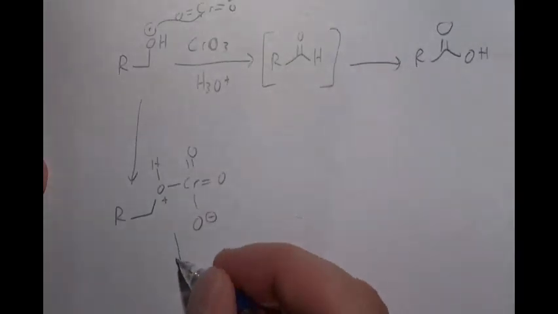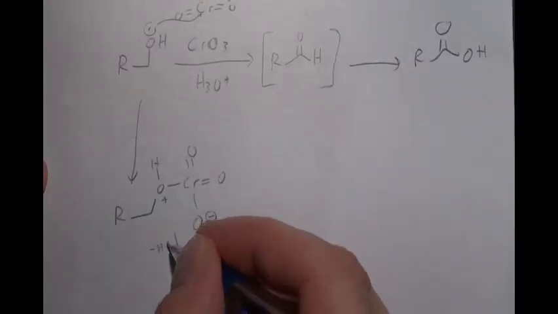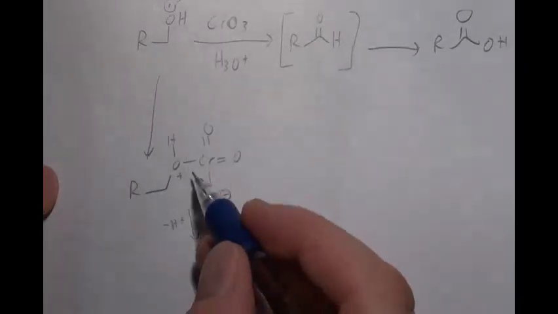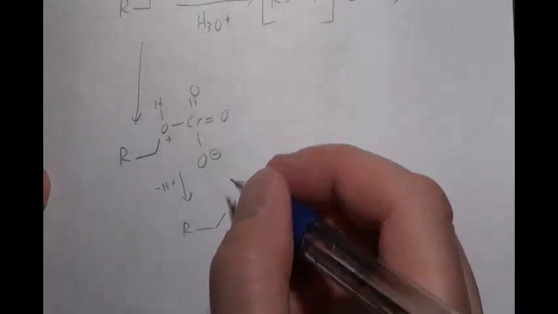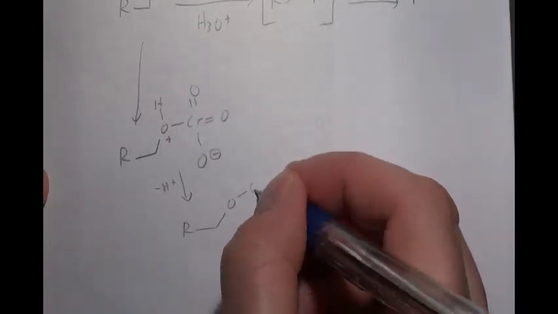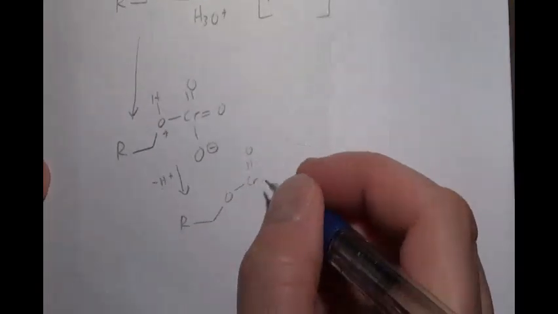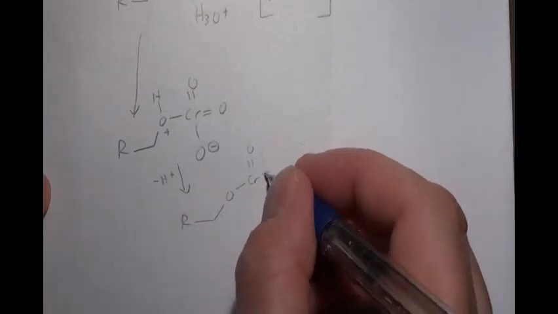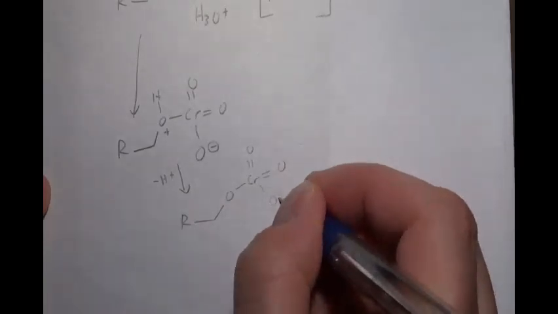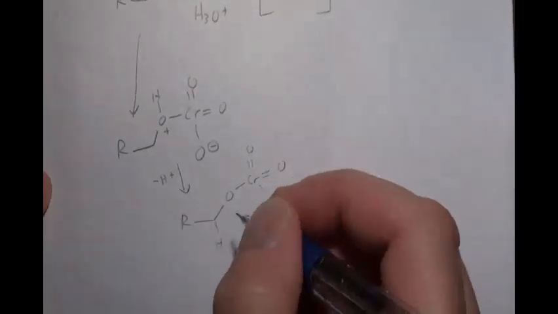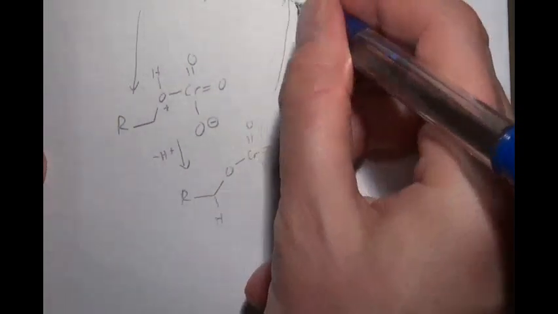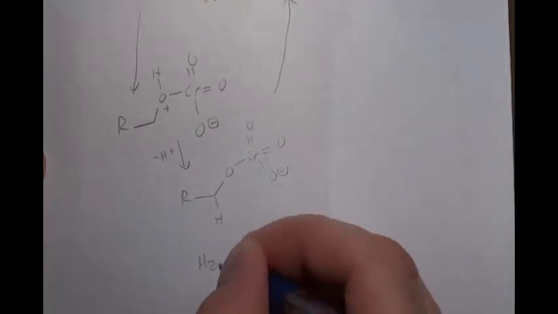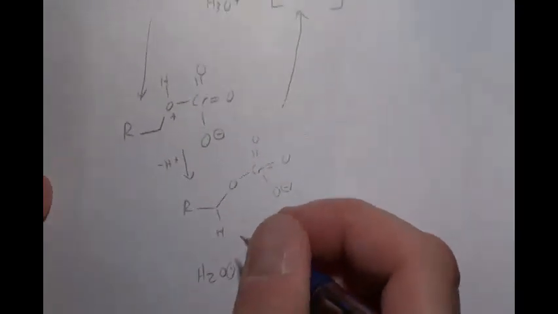The first thing that happens now is we just lose that proton, minus H plus. Lose the proton on oxygen. So the proton's gone. Now what we're going to do is take off the other proton, off the carbon, okay?